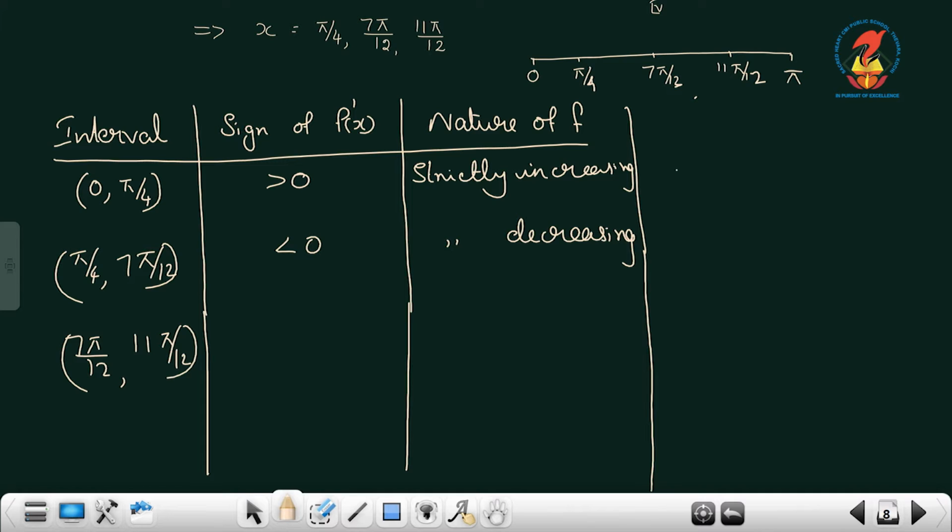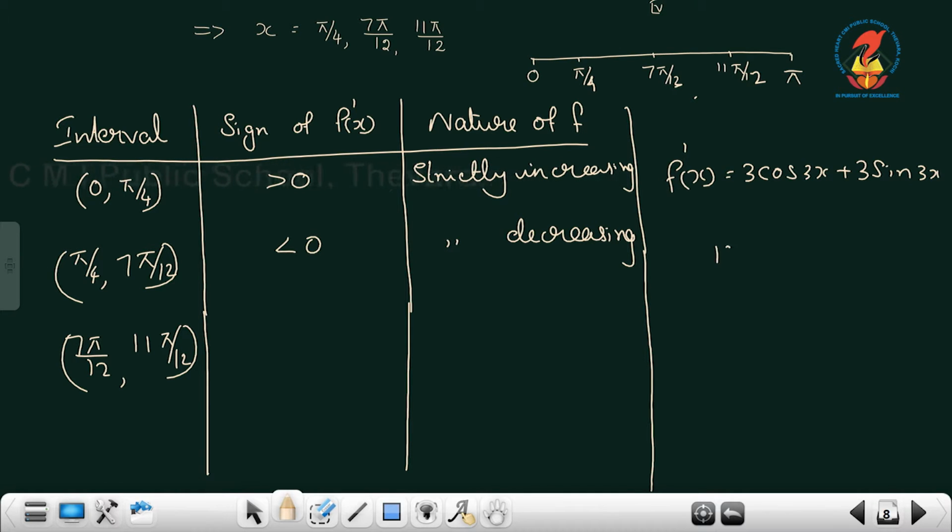F dash x is equal to 3 cos 3x plus 3 sin 3x. Now 7 pi by 12 and 11 pi by 12, one is 105, the other one is 165. So you can take 120 or 150 like that.